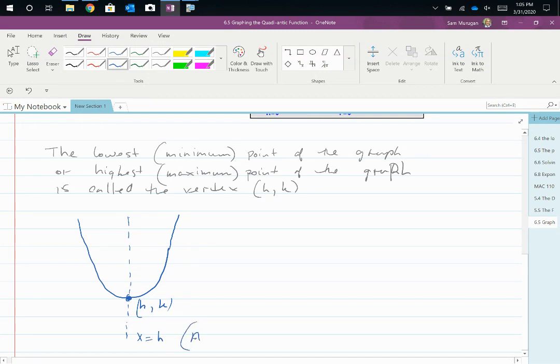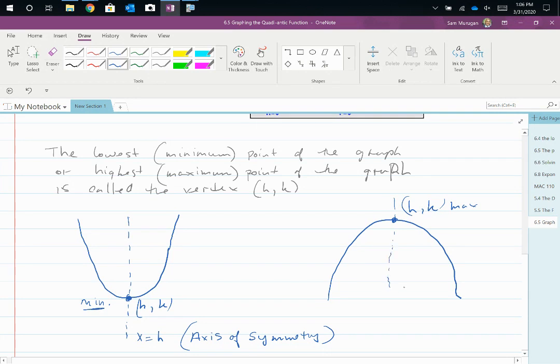This is called the axis of symmetry. And this here is a minimum, a low point. If the graph was turned downwards, the vertex would be at the top, the maximum. And it would still have the axis of symmetry, x is equal to h.